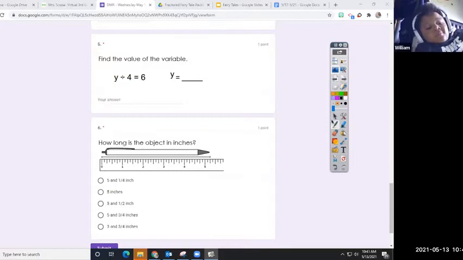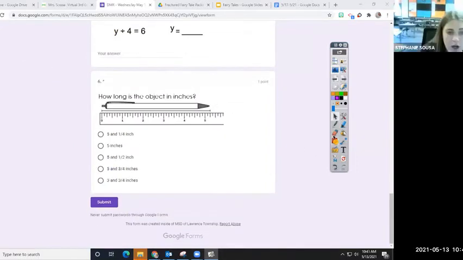All right. How long is the object in inches? Here we go. We've got 1 full inch, 2 full inches, 3 full inches, 4 full inches, 5 full inches, and then a part. I can also see that this is longer than 5 inches, so I'm going to get rid of the one that just says 5 inches only.